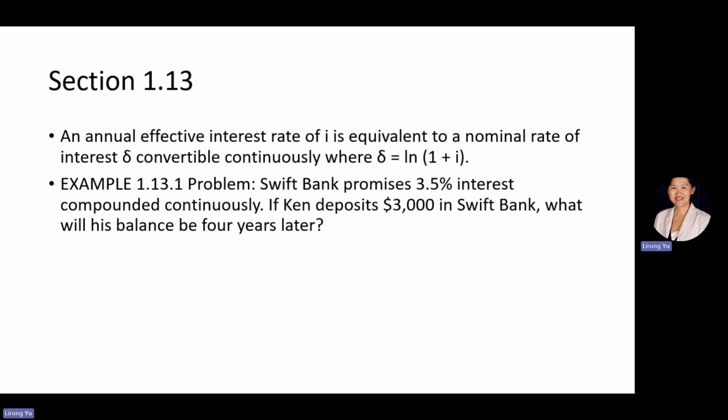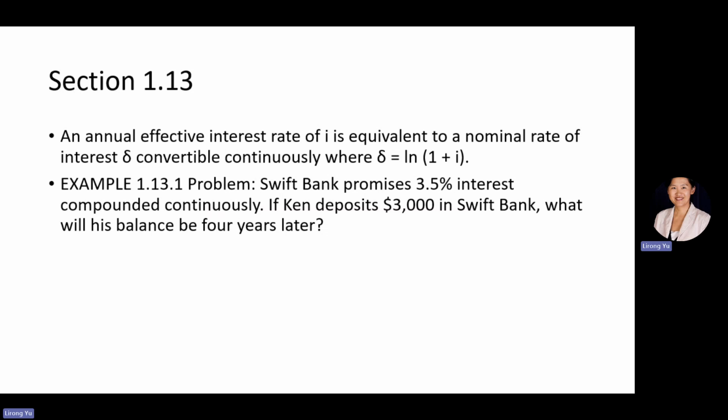All we have to remember is that the conversion between the compound interest and the annual effective interest is delta equal to natural log of 1 plus i. Here we have a question: suppose you have a continuous interest of 3.5%.